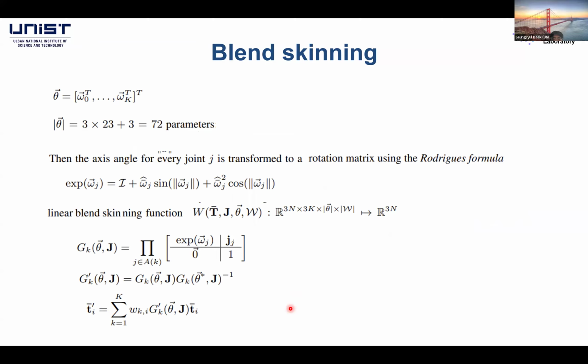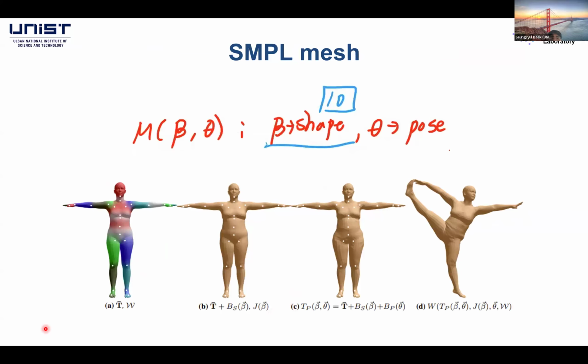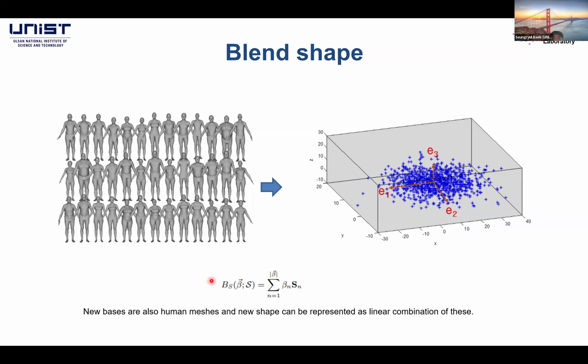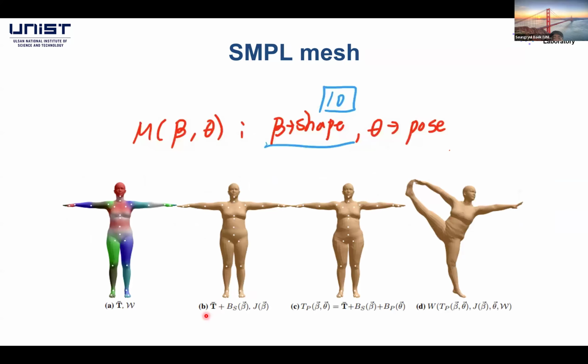Here, this T bar means the mean shape of the human, and by adding B_S, the shape blend, which is the linear sum of shape blend shapes, we can manipulate their shapes.